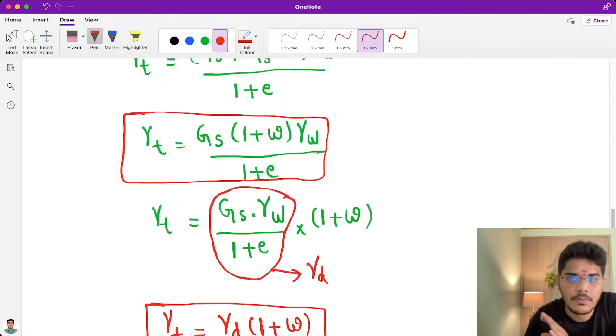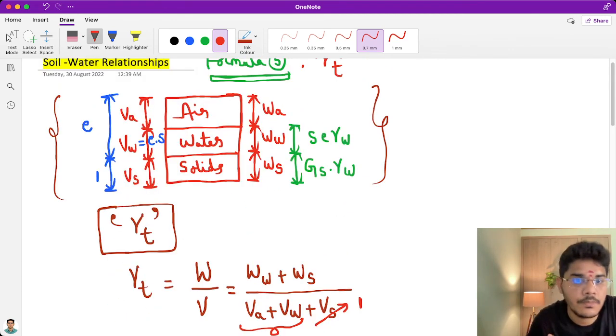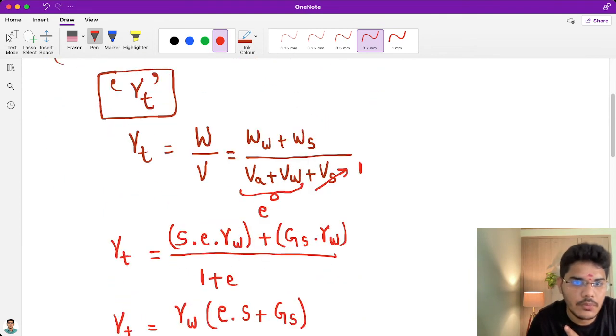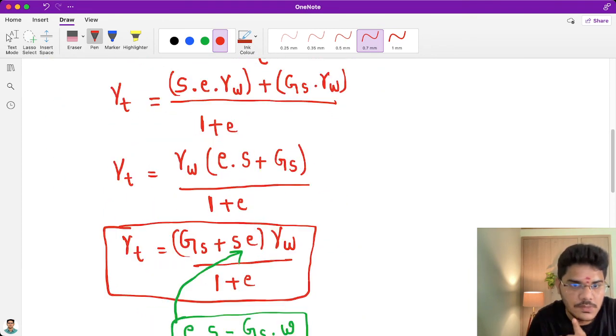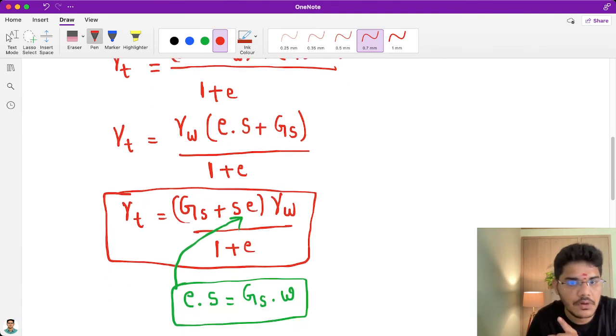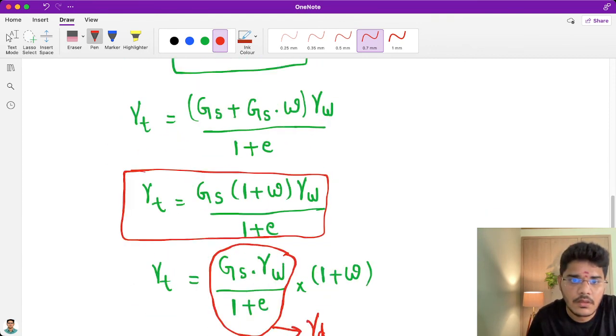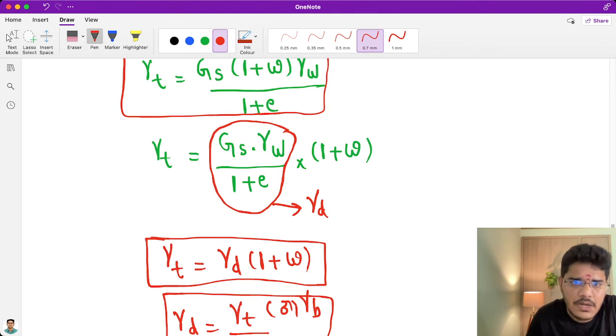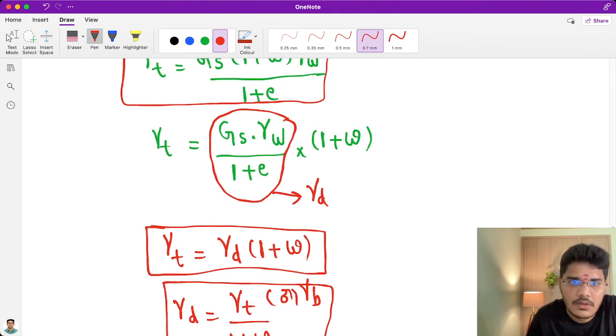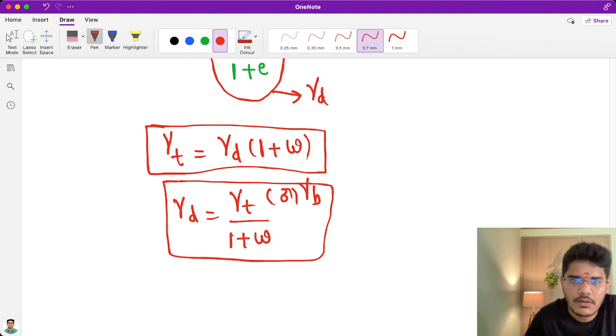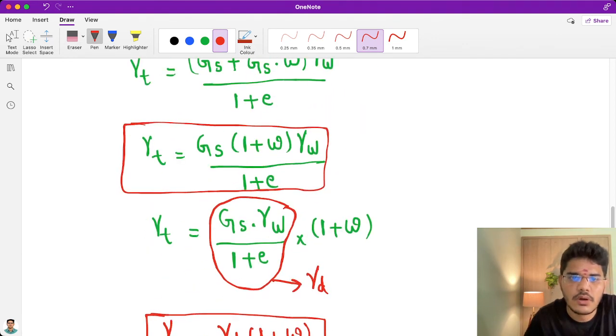What we have derived by using the three-phase diagram is bulk unit weight in terms of specific gravity, void ratio, degree of saturation and unit weight of water. We have used one more relationship that we derived initially, and the next part will be coming in our next videos. I have derived it just to show how we can play with this three-phase diagram and these phase relationships.